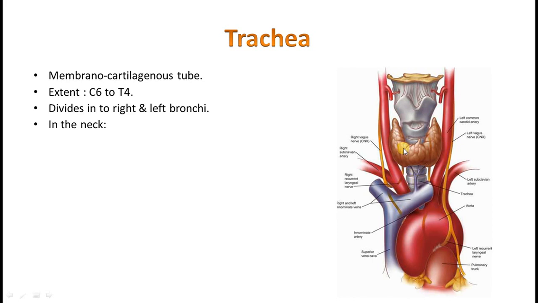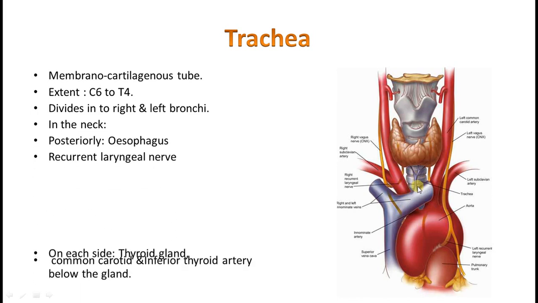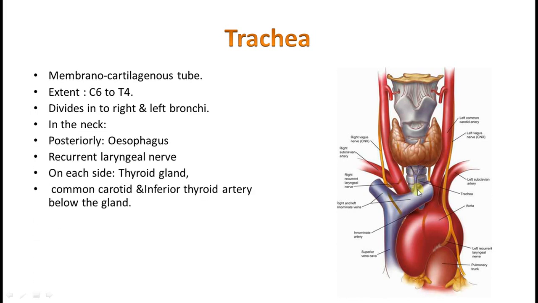Opposite the third, fourth, and fifth tracheal rings, you have the isthmus of the thyroid gland, the inferior thyroid vein, and the anastomosis of the superior thyroid artery. These are the anterior relations. Mainly remember the isthmus of the thyroid gland. On either side, you have the lateral lobes of the thyroid gland.